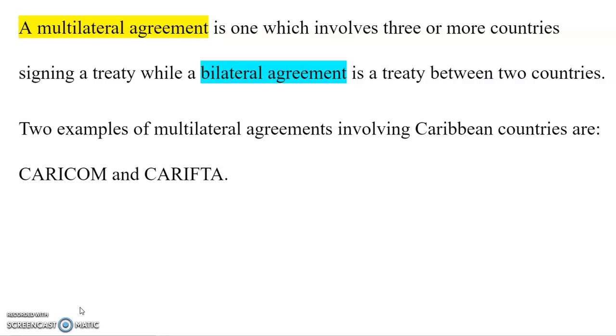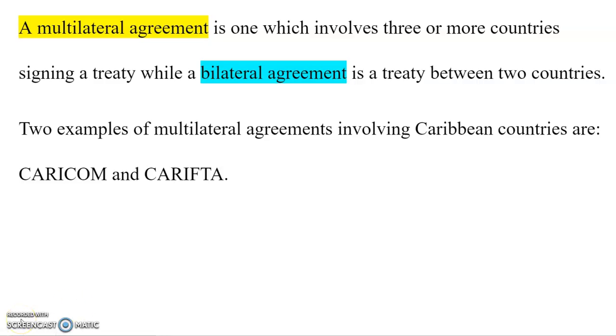So here we go. A multilateral agreement is one which involves 3 or more countries signing a treaty. When we talk about a bilateral agreement, we are talking about a treaty between 2 countries. So a multilateral agreement is 3 or more countries signing an agreement or a treaty, and a bilateral agreement is 2 countries signing a treaty.